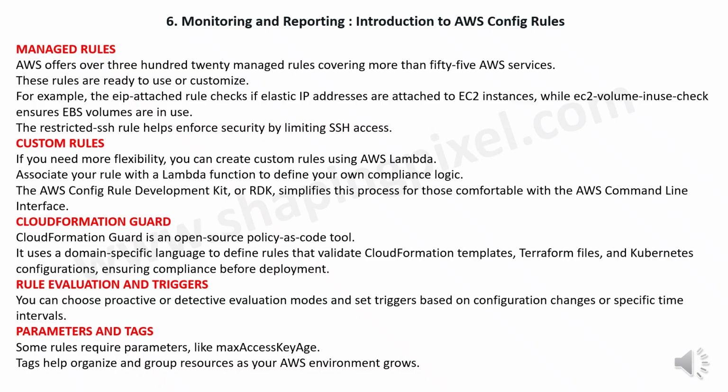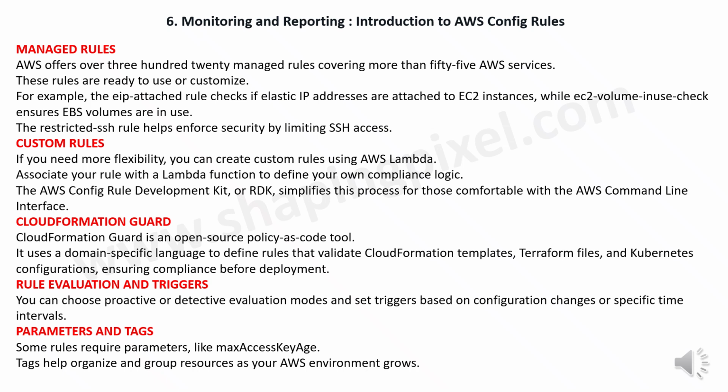AWS Config Rules help you define the desired configuration state for your AWS resources. AWS Config continuously evaluates your resources and marks them as compliant or non-compliant based on the rules you set. AWS offers over 320 managed rules covering more than 55 AWS services.